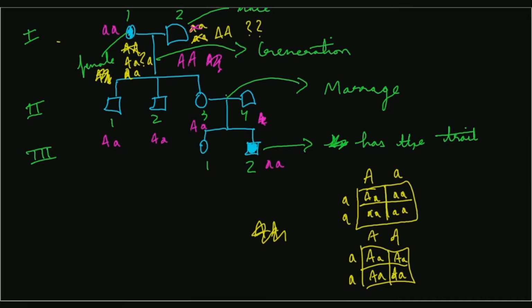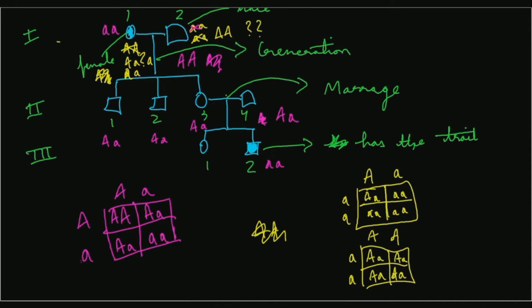So basically, if we had to do this as little a, and this one's not shaded, this one would have to be big A, little a, if you think about it. So let's go ahead and match those up. So big A, little a, and then big A, little a. Okay, so it would have big A, little a, little a, little a, and then big A, little a.